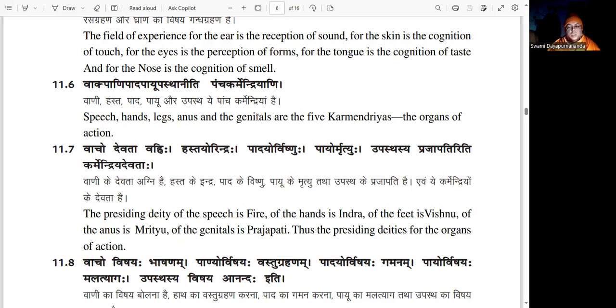We all know that a Brahmin wrongly killed a cow in his garden. When a cow came, he beat the cow with a stick, and the cow inadvertently died. He was very sorrowful and full of remorse, because the sin of killing a cow would come to him. And when the sin came, he said, no, I didn't commit the sin, because the Devata of my hand is Indra.